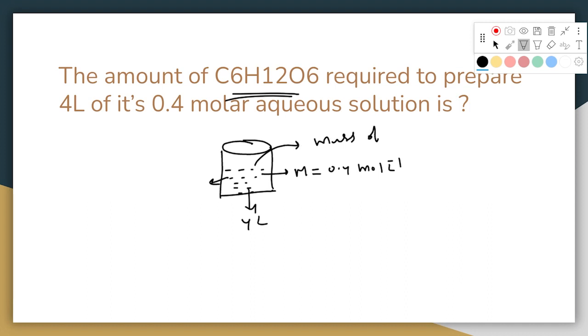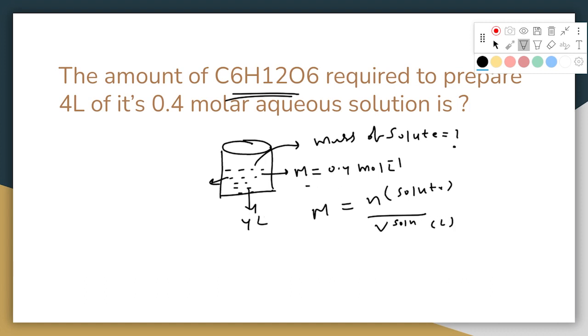Amount of solute is nothing but mass of solute. You have to calculate mass. How can you calculate? We have one formula, that is molarity equal to number of moles of solute by volume of the solution in liters.